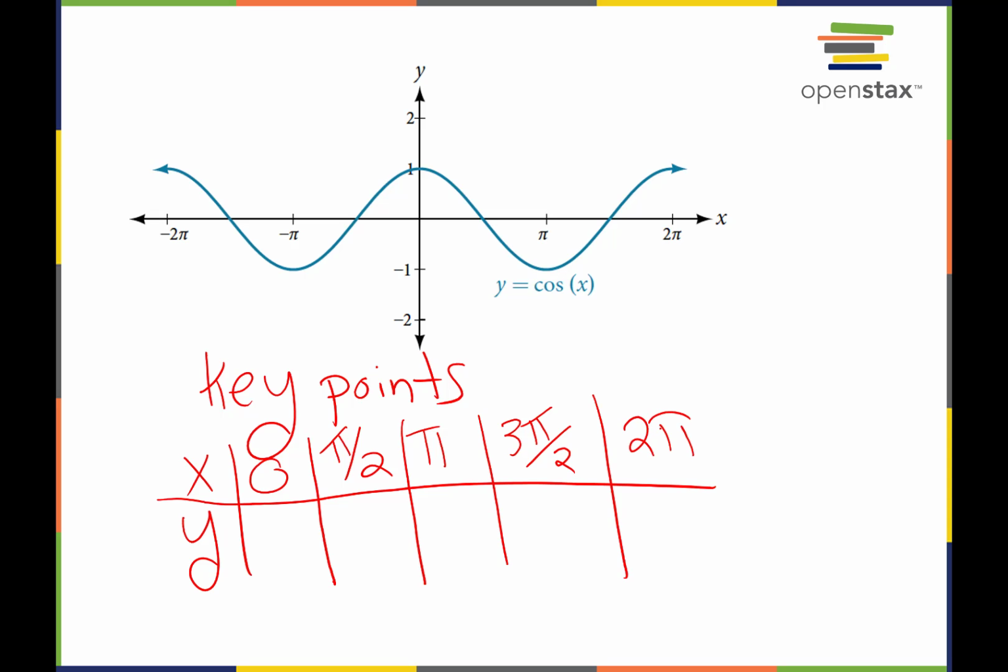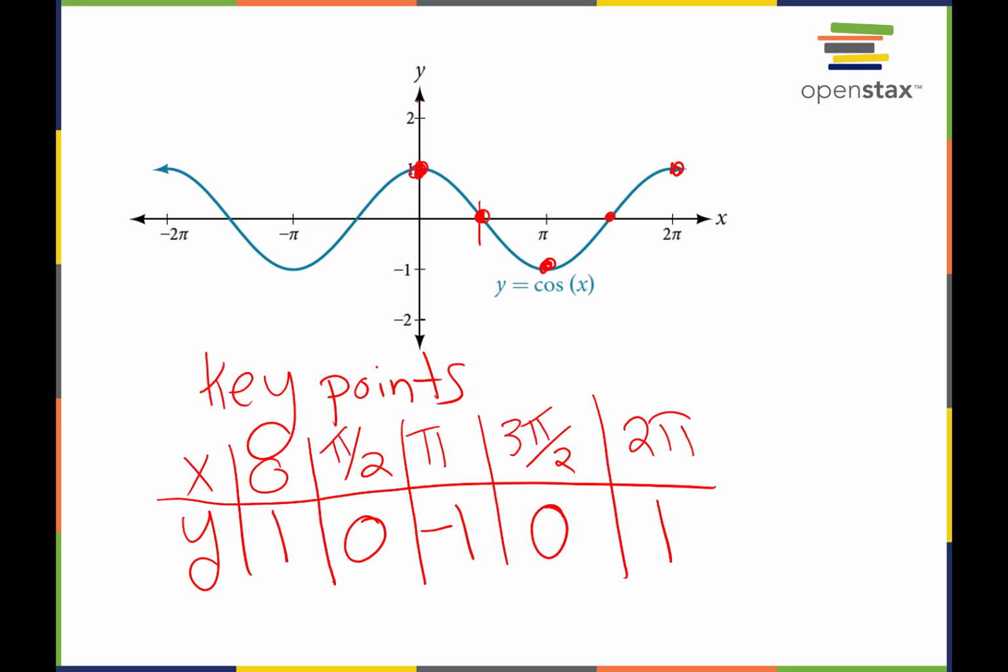However, for cosine, you're going to have different y values or different outputs. At 0, my value is 1. At pi over 2, my value is 0. At pi, my value is -1. At 3 pi over 2, my value is 0 again. And then at 2 pi, it comes back up to 1.